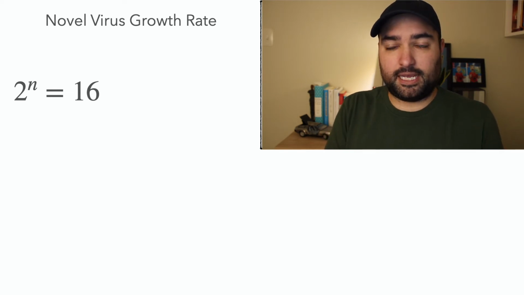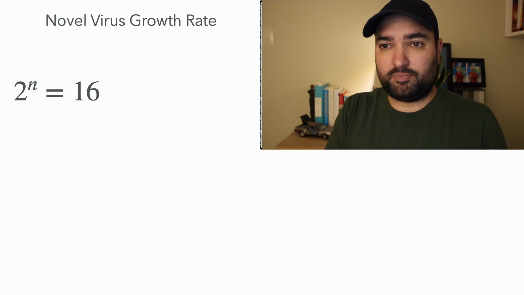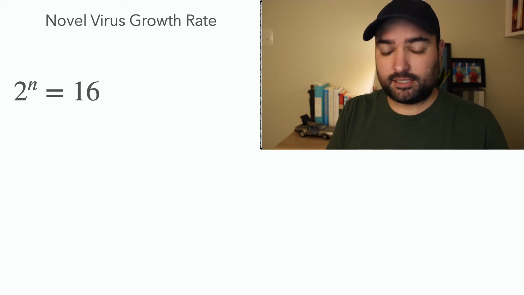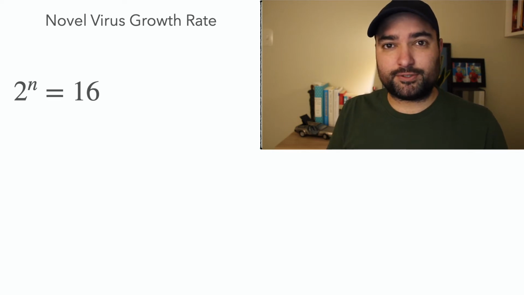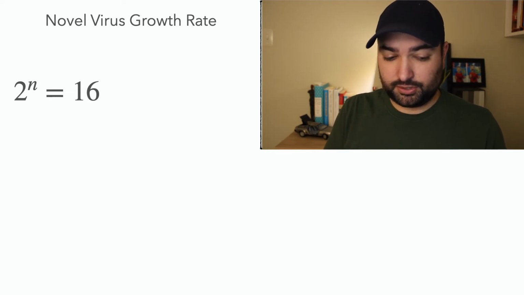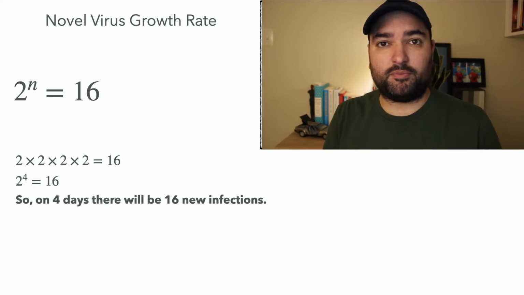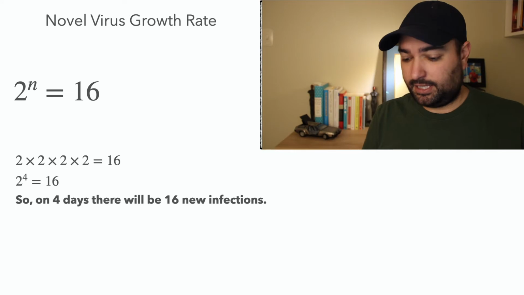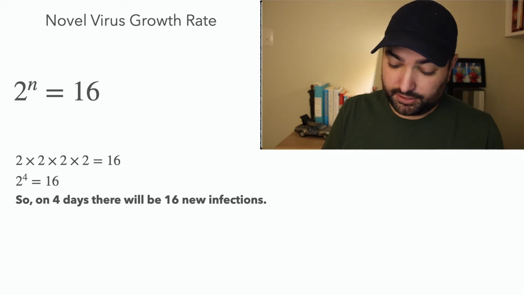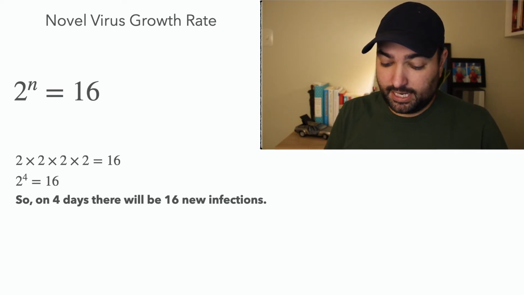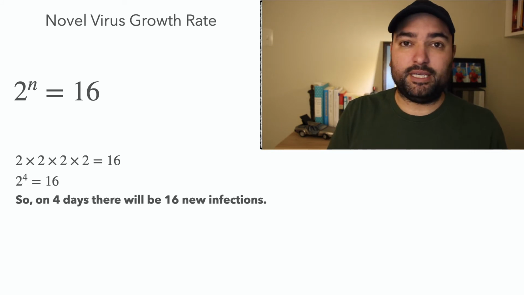So this is basically saying, how many days will it be before we have 16 new cases? Well, the numbers are quite simple, so we're going to have a look at 2's, and how many 2's do we have to multiply together to get to 16? Well, I can see here it's 4 2's, so we can say that after 4 days there will be 16 new infections. So I just want to try and make this as simple as possible.